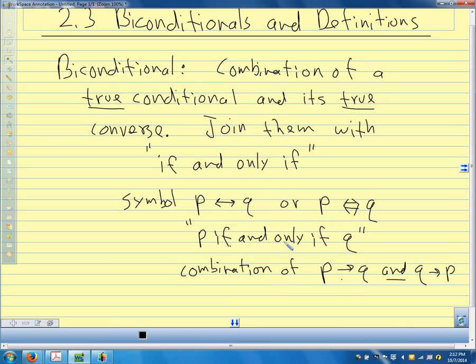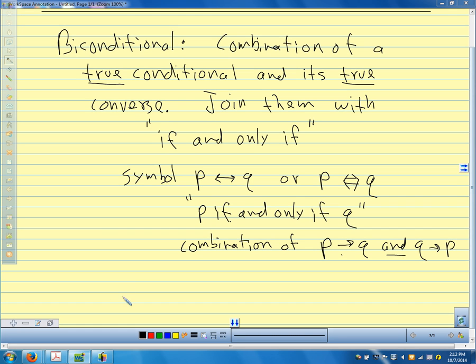So a biconditional is a combination of if P then Q and if Q then P. That's why we have the arrow pointing both directions. And what we use biconditionals for is to make definitions. That's how we use them in math. I have a little activity where we make a definition.